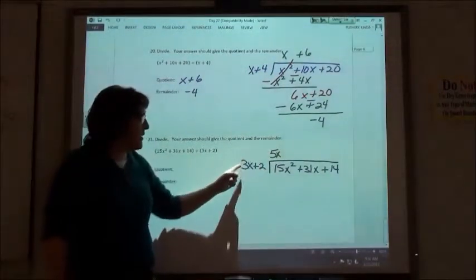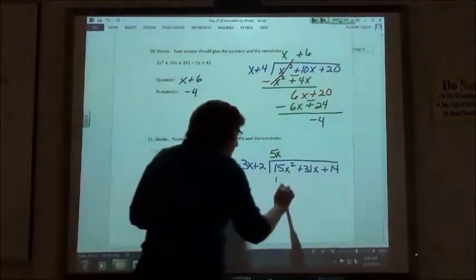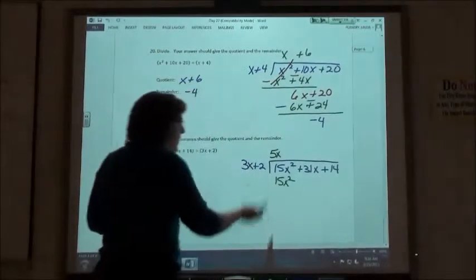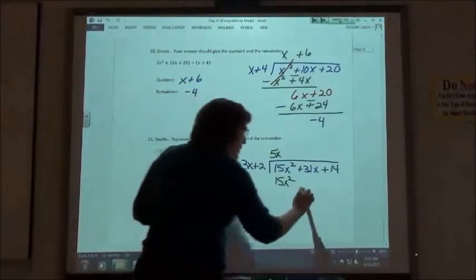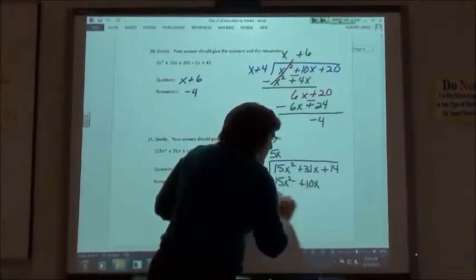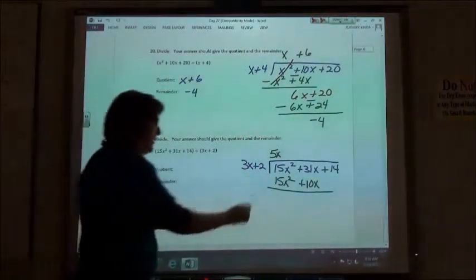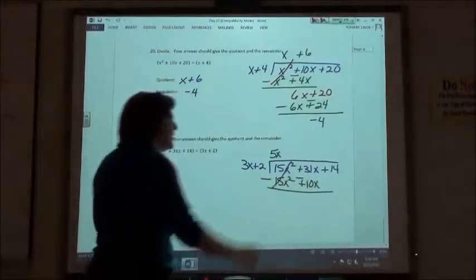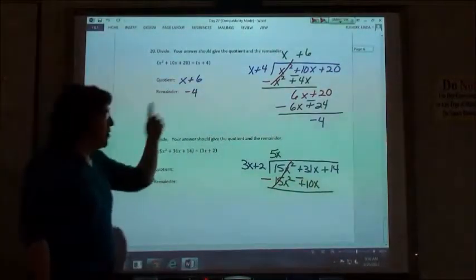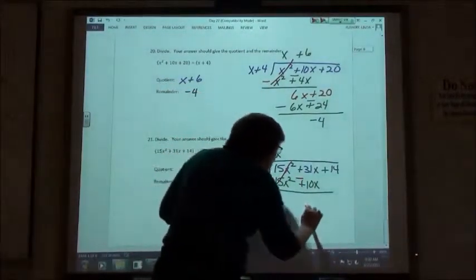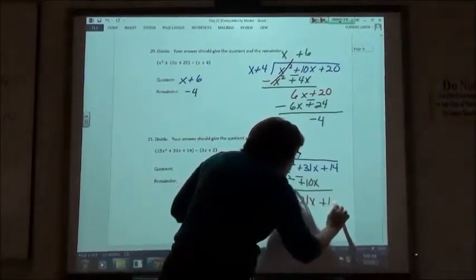A 5x times a 3x would be my 15x squared. 5x times 2 is plus 10x. Then I'm going to subtract so I can cancel out my leading term. 31x minus 10x would be 21x and plus 14.